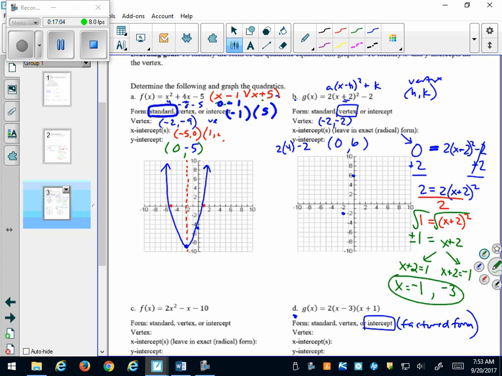So those are your x-intercepts: (-1, 0) and (-3, 0). Which makes sense because our vertex was at x equals negative 2, which is halfway between negative 1 and negative 3. So makes sense.